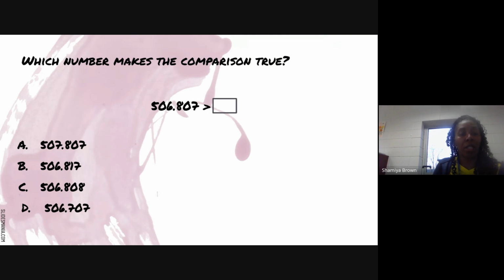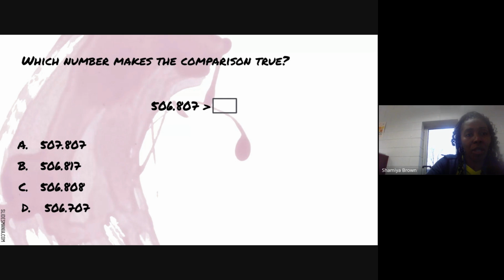Which one of these? So I have 507 and 807 thousandths. Well, I know that this number is bigger. I know that this number is bigger than this number because I have 507 right here.